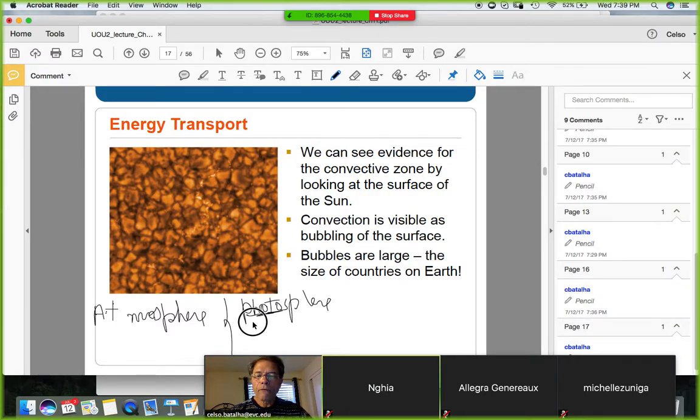Above the photosphere is a region called the chromosphere. As we saw in the beginning, when I showed you the Solar Dynamics Observatory, this is where the spicules go through, where magnetic fields manifest themselves, guiding these jets of hot gas called spicules.